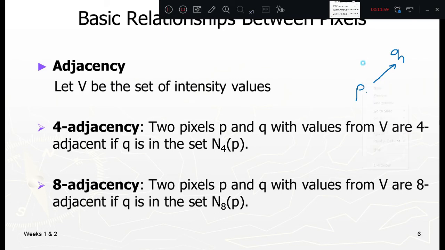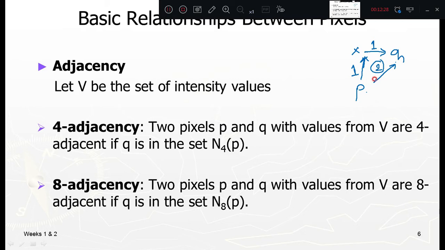You have to go all the way vertically like this and make a connectivity. What is the distance between P and Q for 4 adjacency? As I told previously, the distance between neighboring pixels is 1. That means the path between P and Q is total 2.